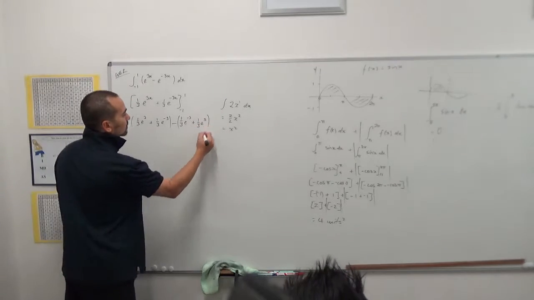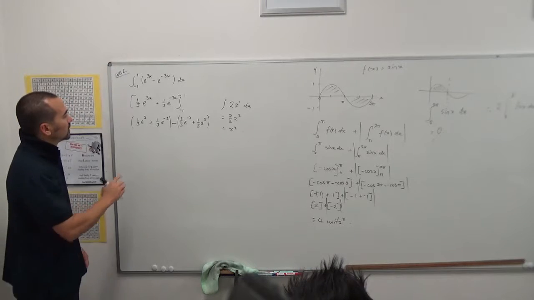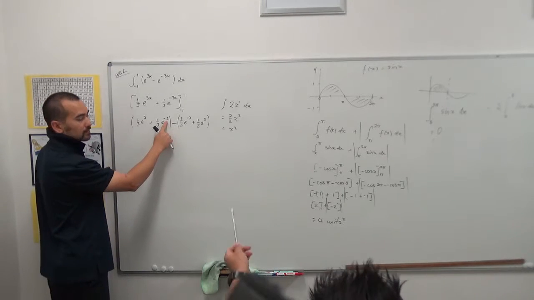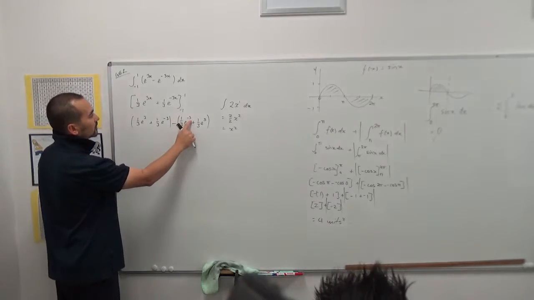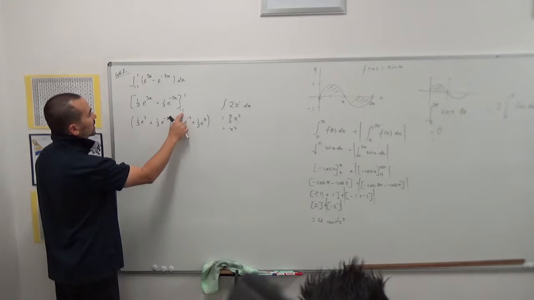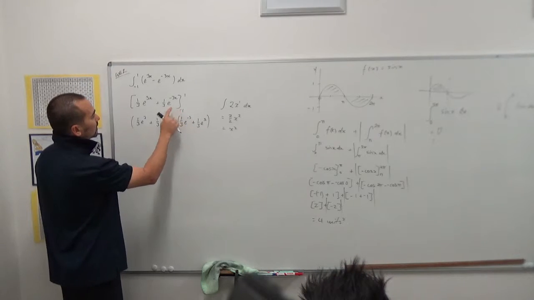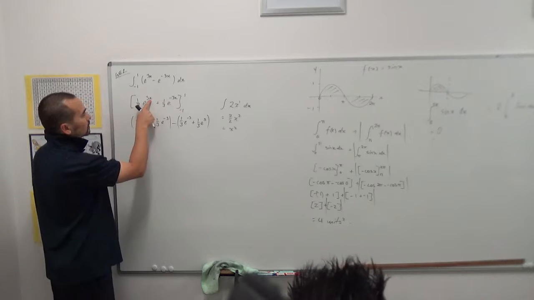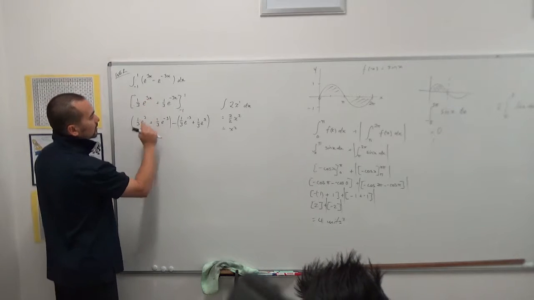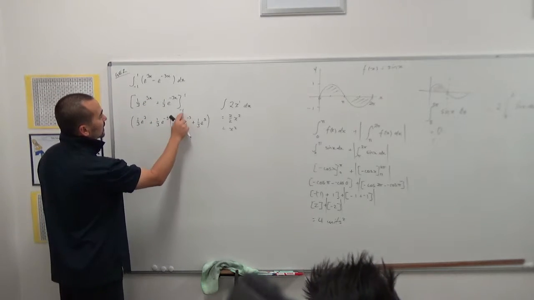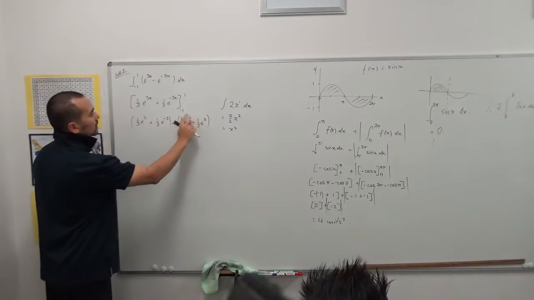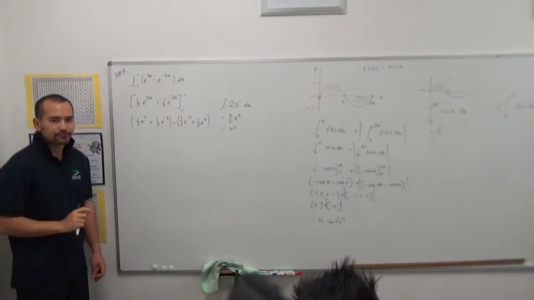Wait, why is the first one negative? Why is the first one -3, not the other one? Because it's 1 times -1. So I'm putting a -1 in here, and this one, I'm putting a -1 in here, making it a double negative, which makes that positive.